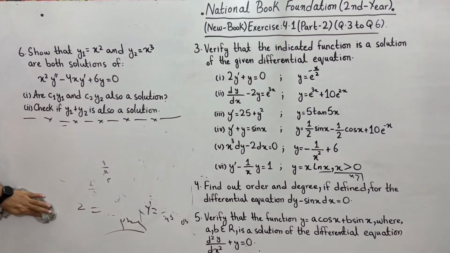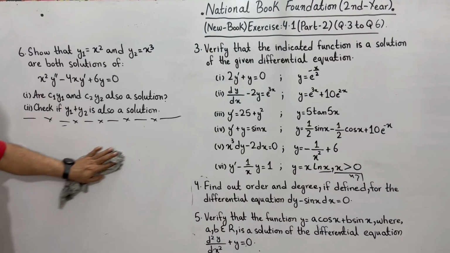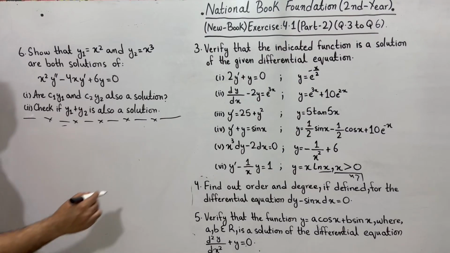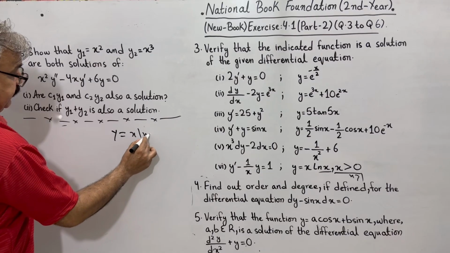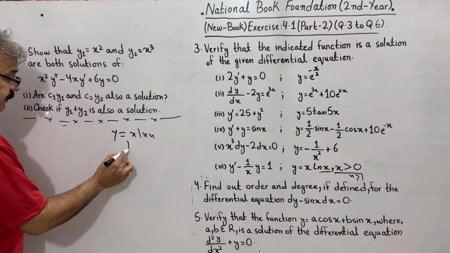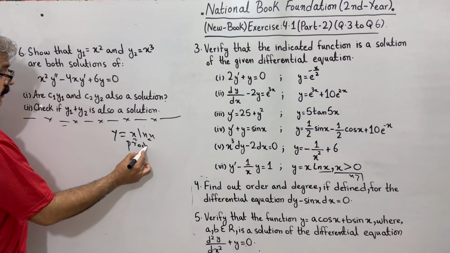Question number 6, part of question number 3. Let me take y and differentiate x times ln x. Applying the product rule on this, there are two functions in multiplication.